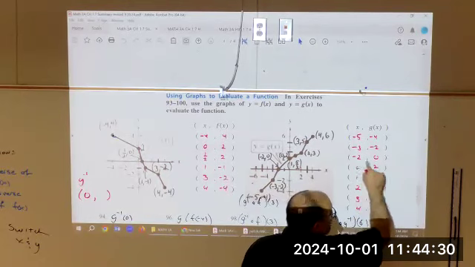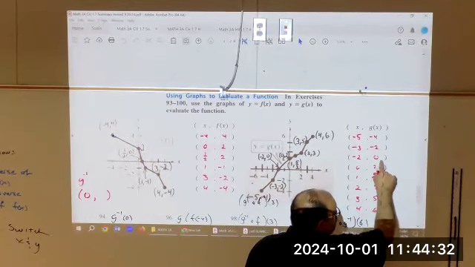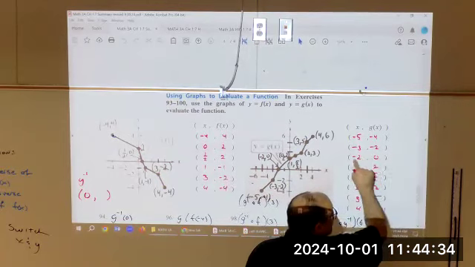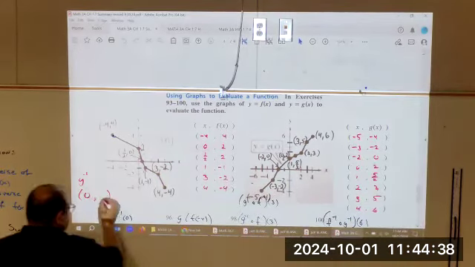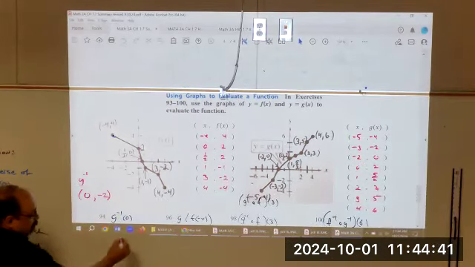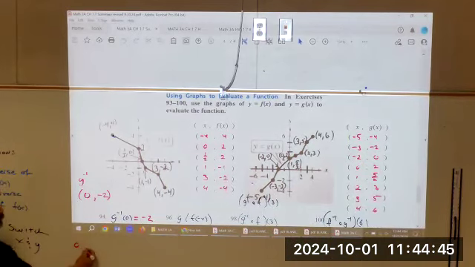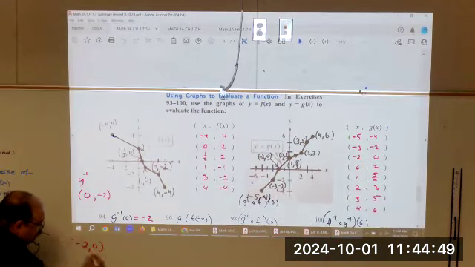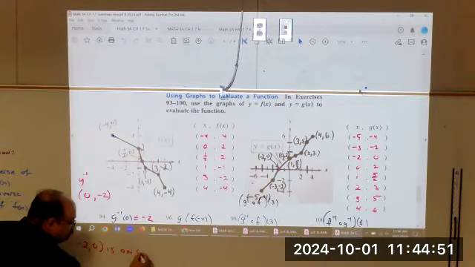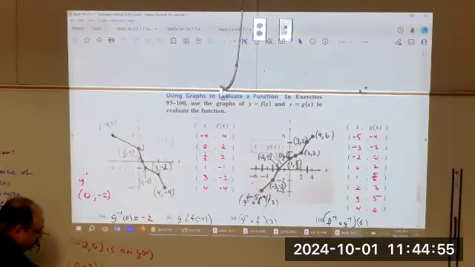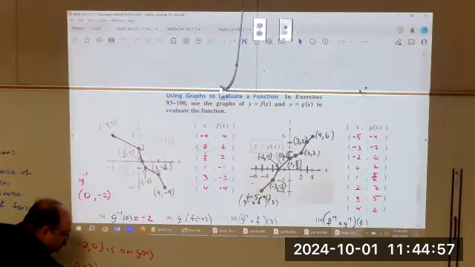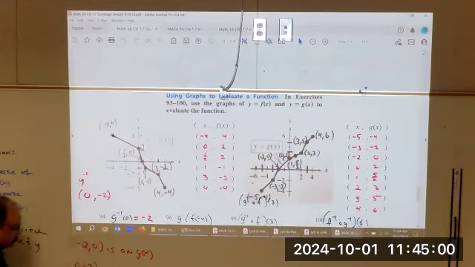Since this is at -2, 0, 0 comes out when x is -2. Since -2, 0 is on g of x, then 0, -2 is on g inverse of x.